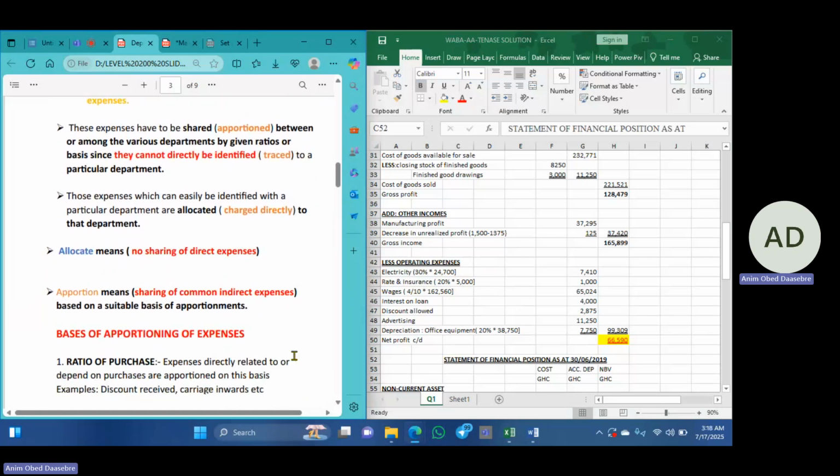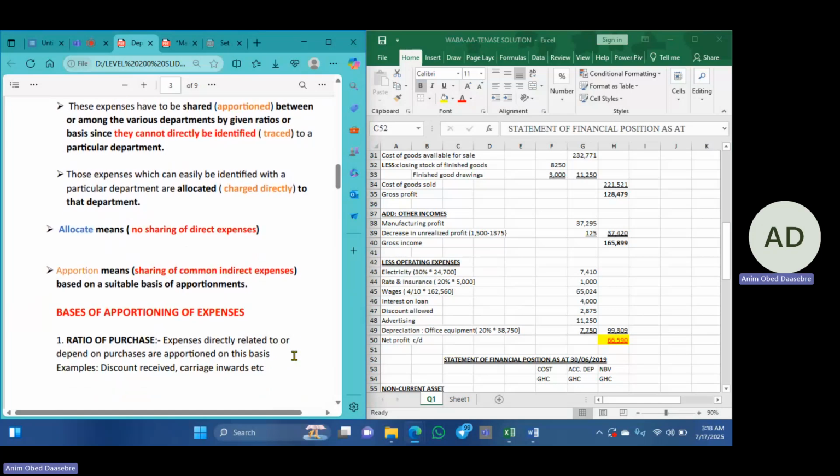Because the expenses are not directly incurred and cannot be traced to a particular cost center, we are going to use some common or suitable basis of apportionment.